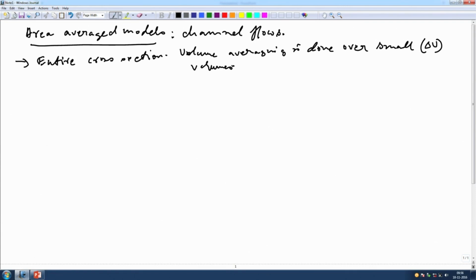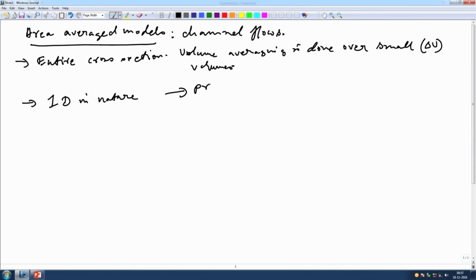Okay. So, area averaging by default is kind of like 1D in nature, because it is done over the entire cross section. So, basically you have a unidirectional nature of the whole thing, and the distribution of properties, that means variation of properties along the cross sectional area, is also lost.